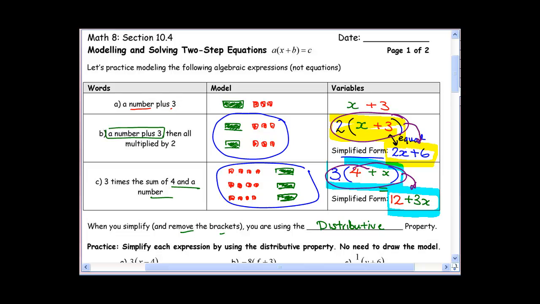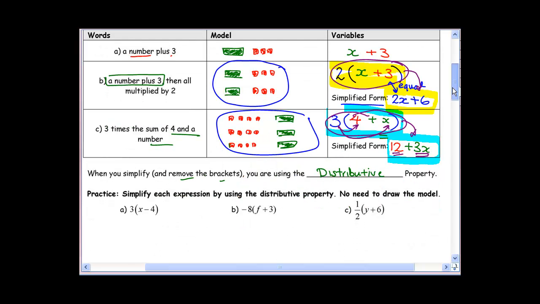Can you see how the 3 gets multiplied by the 4 and that gives you 12, or it's distributed to the 4? And the 3 is also distributed to the x. 3 times x gives you 3x. So that's what the distributive property says. The number outside the bracket can be distributed to both the terms inside the bracket, and that simplifies.